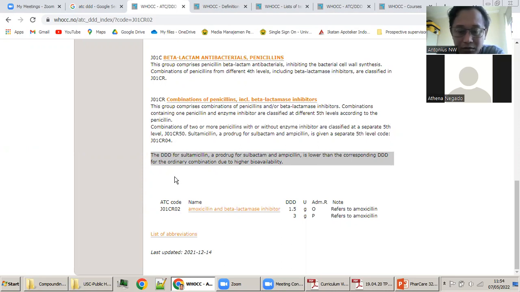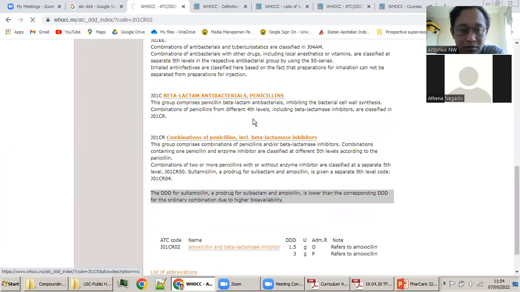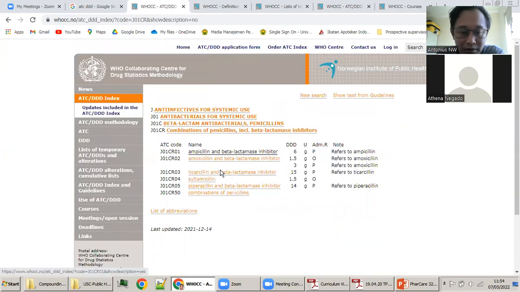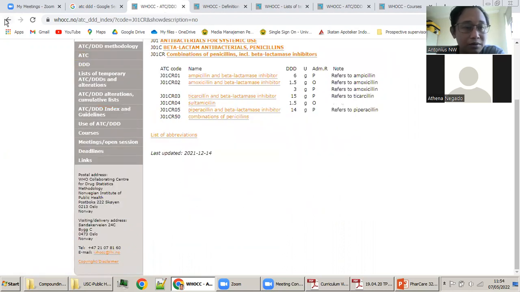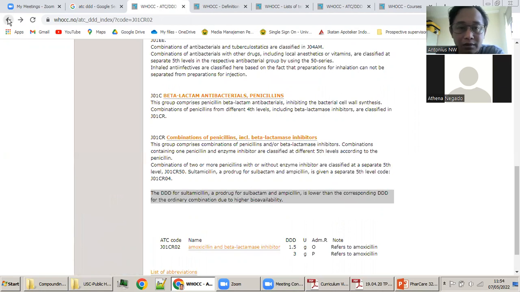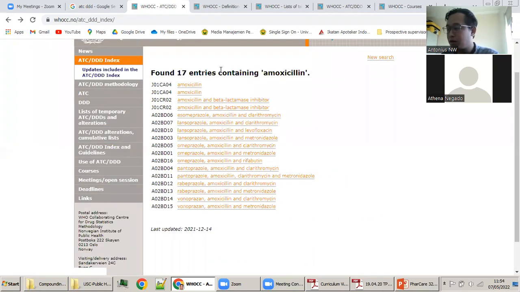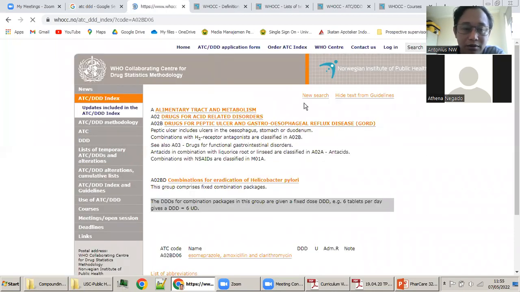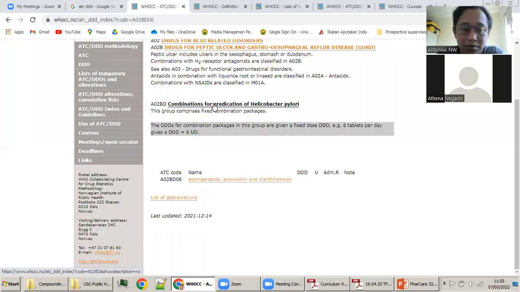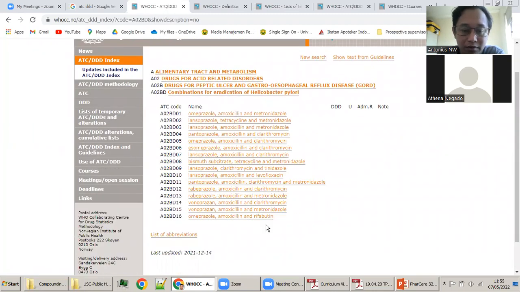Okay, beta-lactam combinations: sultamicillin, piperacillin, and beta-lactamase inhibitors. Usually we call it co-amoxiclav for amoxicillin with the beta-lactamase inhibitor. And then this one is in the combinations for eradication of Helicobacter.